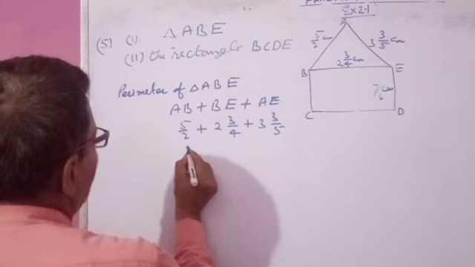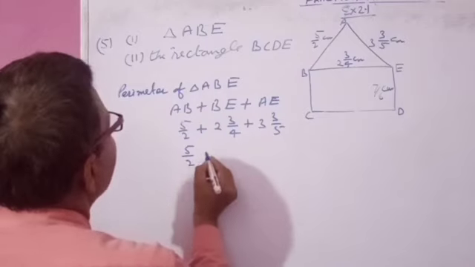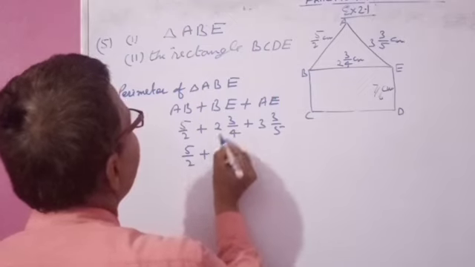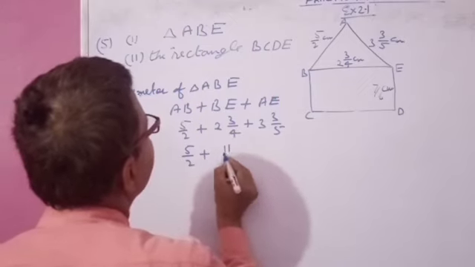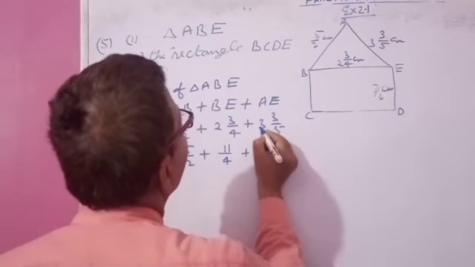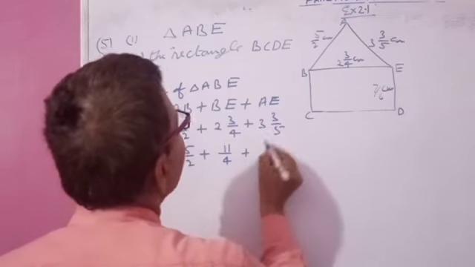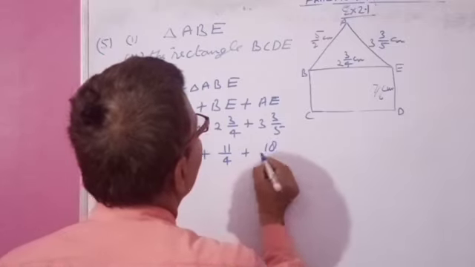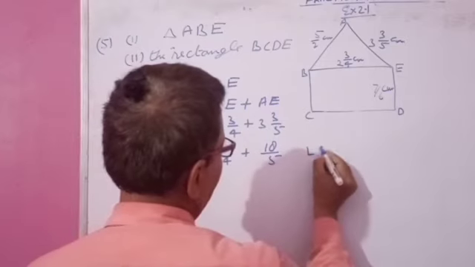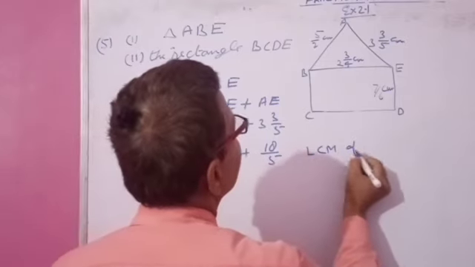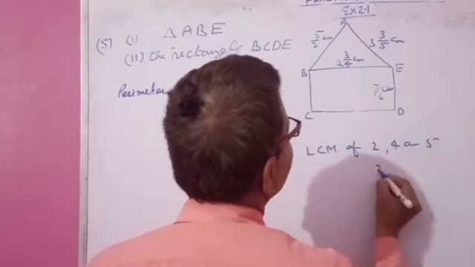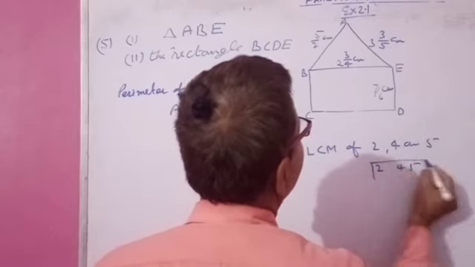Now you will change into improper fractions. 2 fours are 8 plus 3, 11 upon 4, plus 3 fives are 15, 18 upon 5. Now you will find the LCM of 2, 4 and 5.